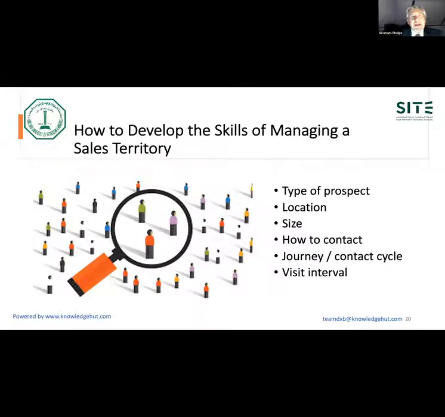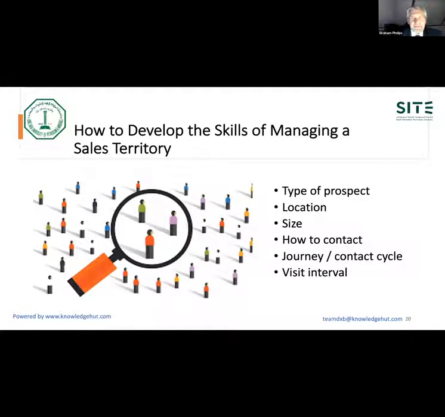If you work as, let's say, a business to business salesperson, you might cover a territory or a group of accounts. That's a fancy word for customers. So let's imagine that you are a sales representative working for a company that makes dental products and supplies, and you sell to dentists and orthopedic teeth surgeons, dental implant companies.